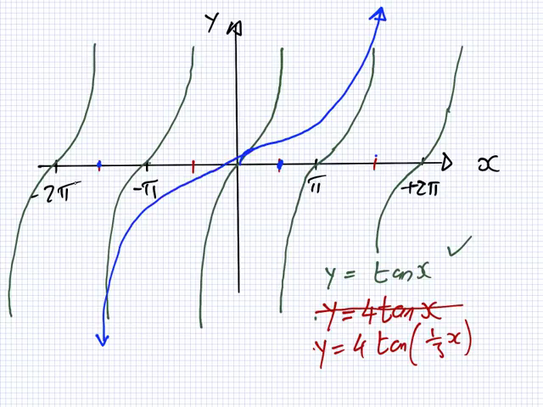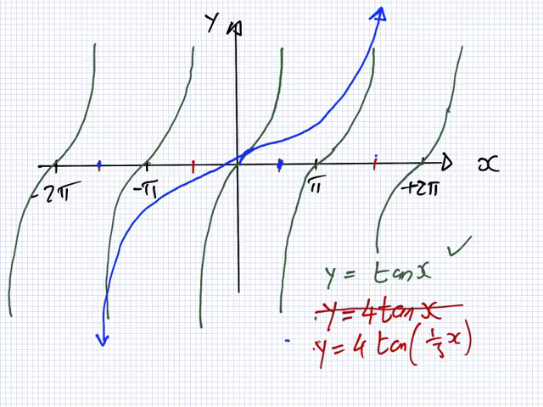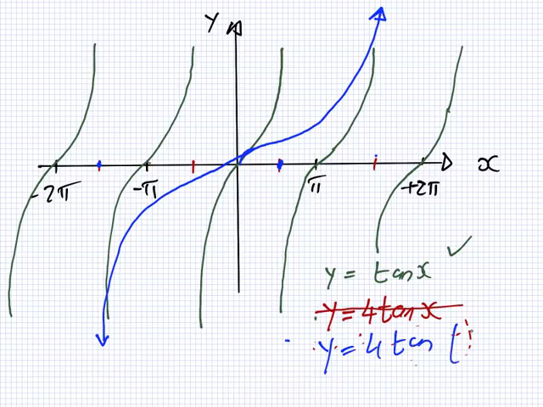And then there's another one coming in on this side, and then there's one going on the other side, but we can't really see it, so I'll just leave it out for the moment. I'm sorry, if I'm keeping the colours the same, I should have done that in blue. Let me just write this in blue. Y equals 4 tan 1/3 x.